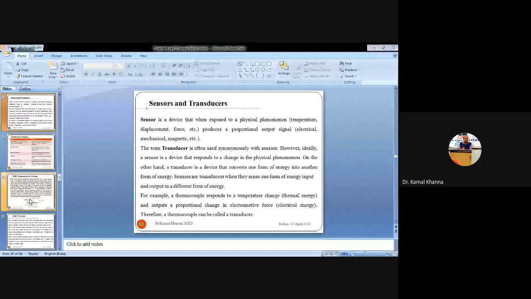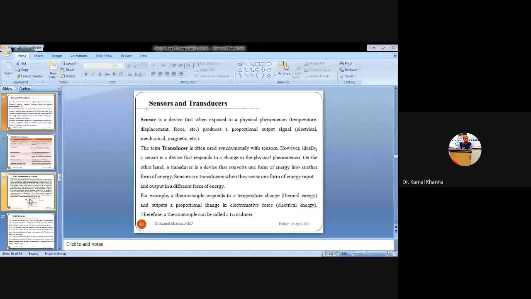That is, if you want the output in the form of electrical energy, pressure energy, or kinetic energy, then a transducer can be used that converts one form of energy into another form of energy, and you can get the energy in the desired format. So this is called the transducer.